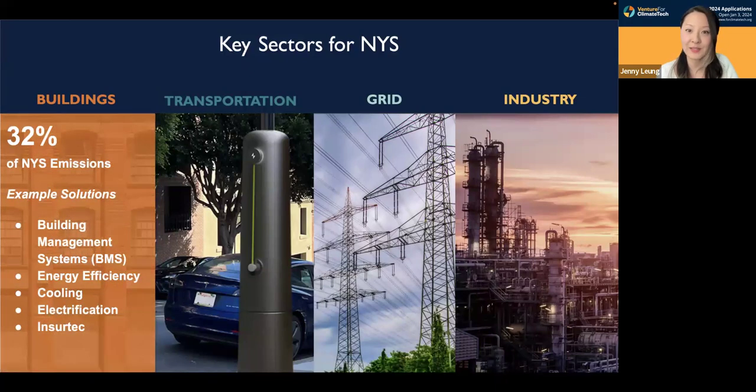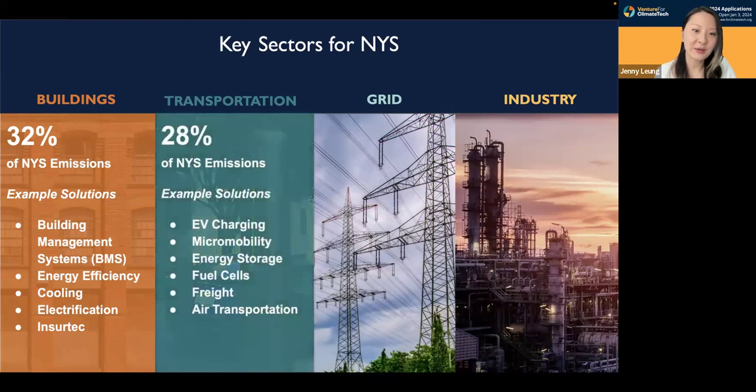Some example technologies that we have seen in the past and are looking for today are those in building management systems, energy efficiency, cooling, electrification, and insurtech. Under transportation, that makes up 28% of New York State's emissions. We're looking at EV charging, micromobility, energy storage, fuel cells, freight, and air transportation.